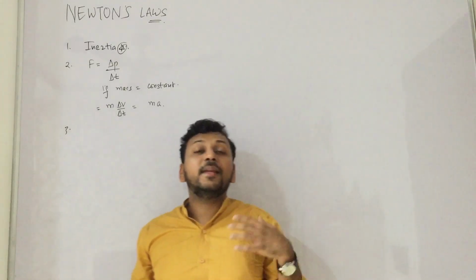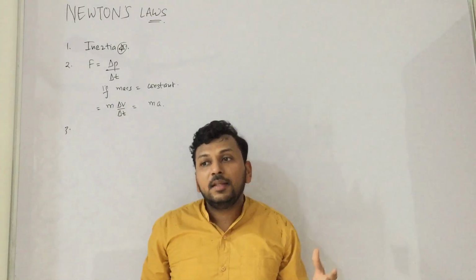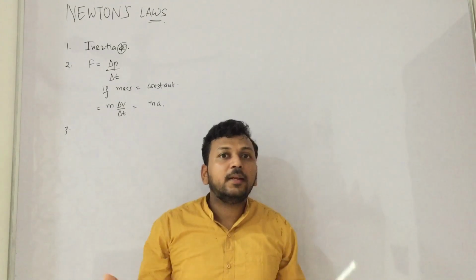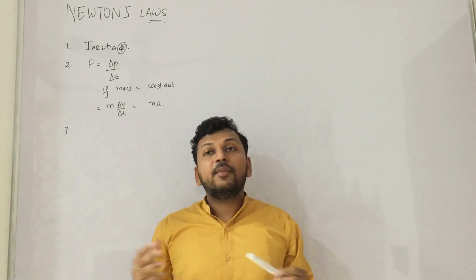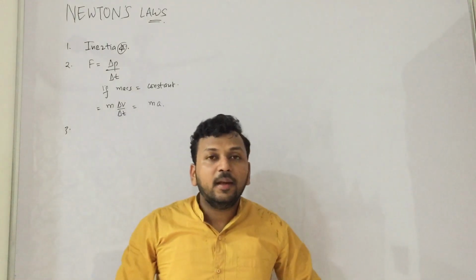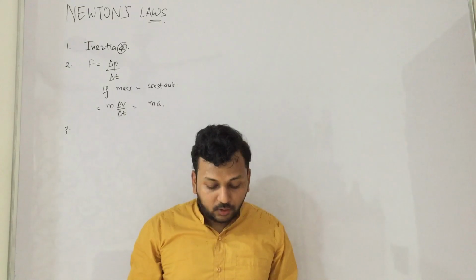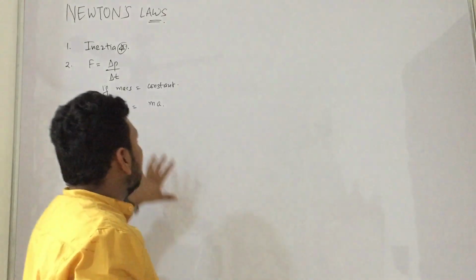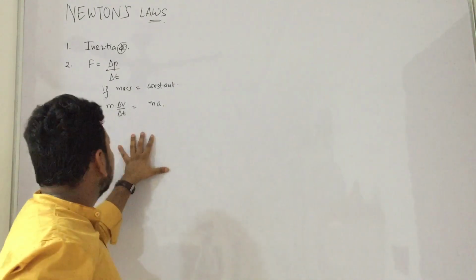Physics of the objects that we can see. We can see a ball, we can throw a ball. But there are a lot of particles which are invisible, like gravitons and all these things, invisible to the human naked eye. The physics of those particles is quantum physics. We will not study that. These are the laws which are applicable to classical physics.